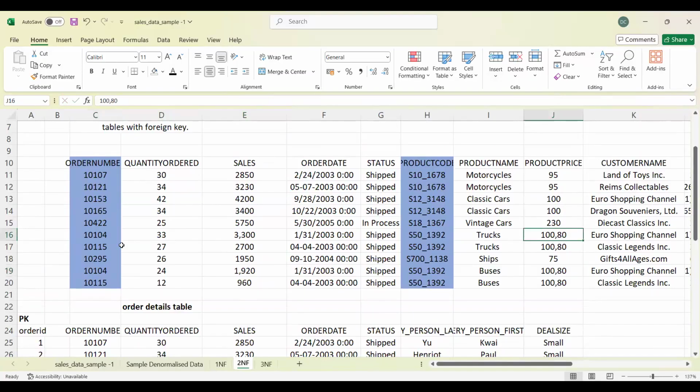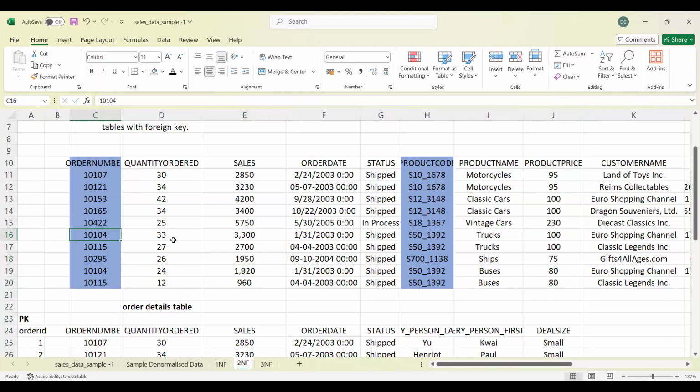We have one more column here. See the same one. For the trucks, this is the product price, right? So I need to keep 100 here, and I need to keep another 80 here, right? At that time I forgot about this column. I didn't see this column. In the same way, trucks I will keep 100 and buses I will keep 80. Product price also I had to split at that time, I forgot.